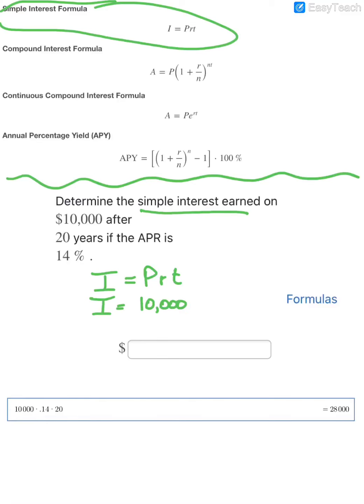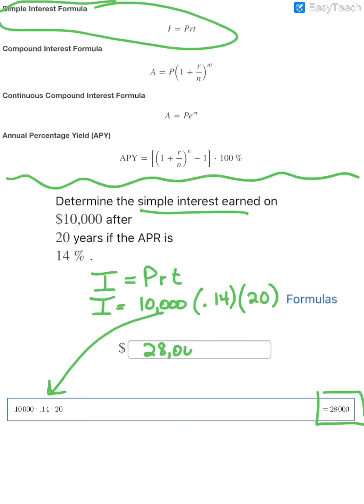My rate is 14%, but I change it to the decimal, 0.14, and my time is 20 years. Definitely show me how you plug it in, then you can get on your calculator and punch it out. Notice in this case, after 20 years, the money has turned into $28,000 with interest.